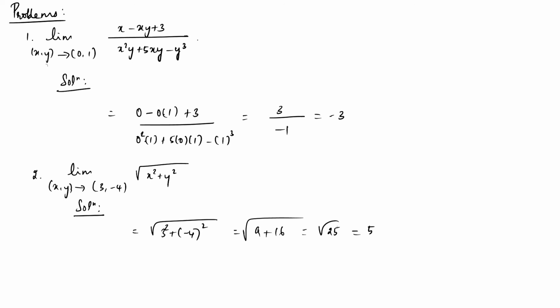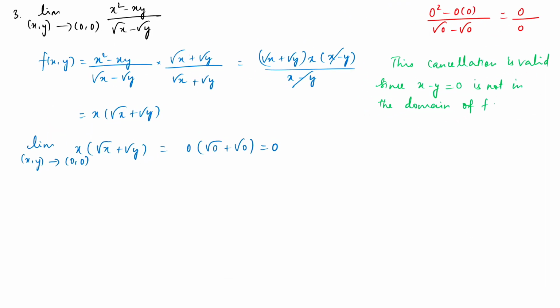Since we had no troublesome points and we got a finite value, we concluded it is a limit. Okay. In the second problem, we did not have anything in the denominator which can create trouble. So we directly substituted and saw what the limit was. Okay. In the third problem, we were able to do some algebraic operations to find the limit.